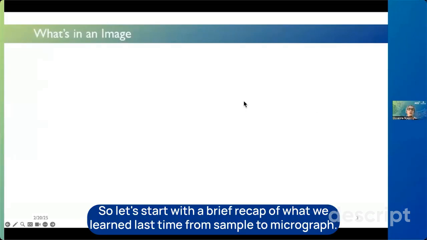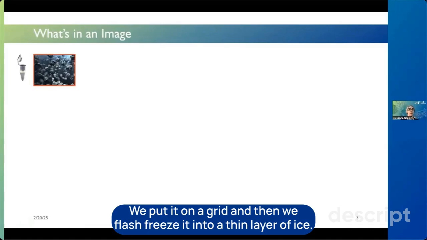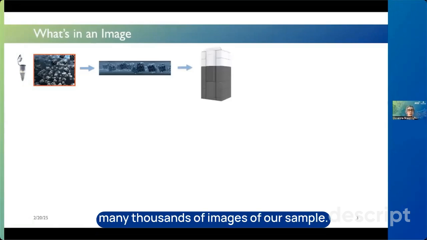So let's start with a brief recap of what we learned last time, from sample to micrograph. The sample is in solution, tumbling around. We put it on a grid, and then we flash freeze it into a thin layer of ice. This frozen grid is moved into a microscope where we take many thousands of images of our sample.